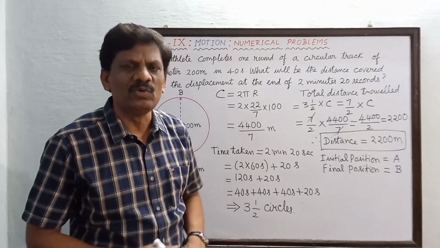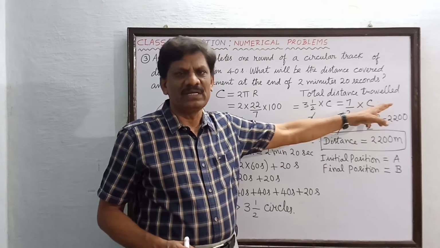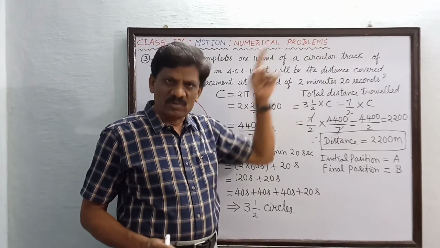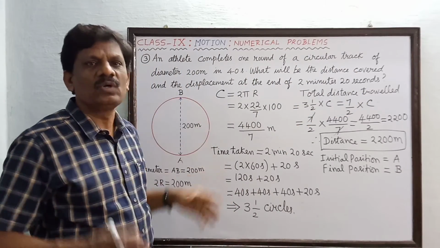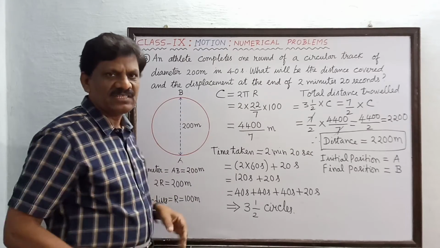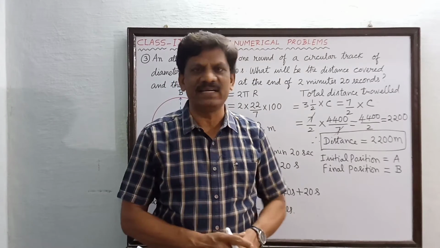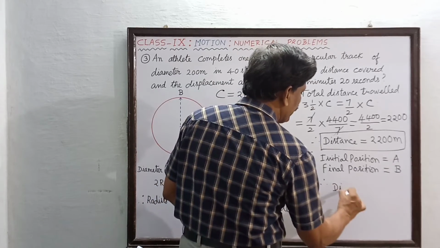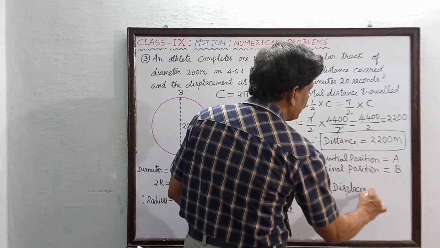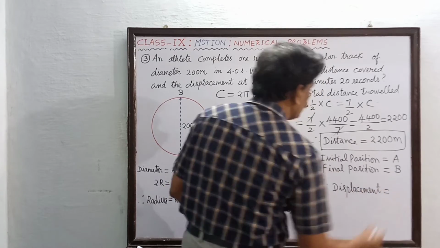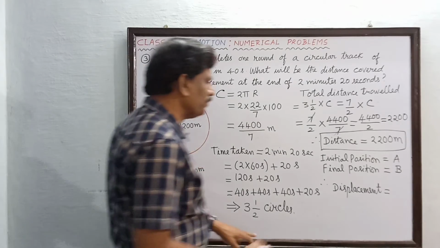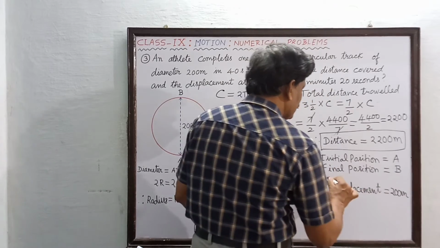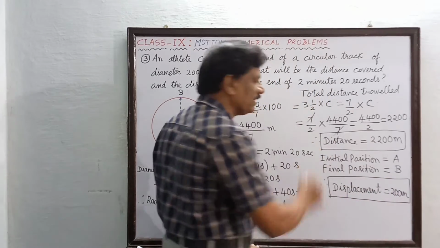We have to join which two points? A and B. After 2 minutes and 20 seconds, the athlete will be at B, so I am joining A and B. The straight line AB is nothing but the diameter of the circle. Therefore, the displacement is equal to the diameter, 200 meter. This is the remaining part of the answer.